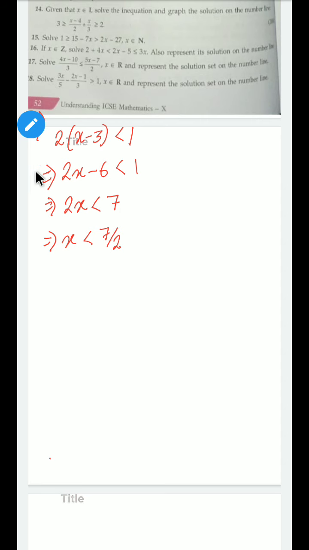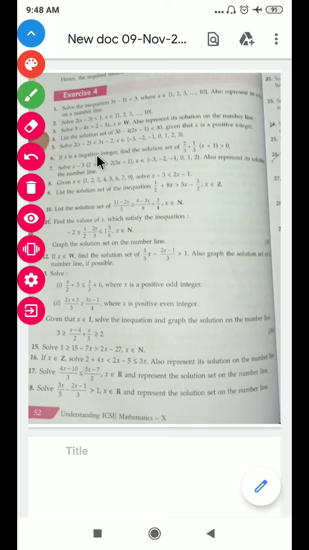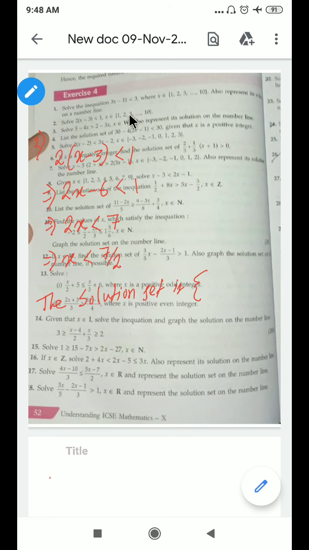So the solution set will be, what is given here? Here x belongs to 1, 2, 3 up to 10. That means you have to make the solution set from these numbers. 7 by 2 means 3.5.